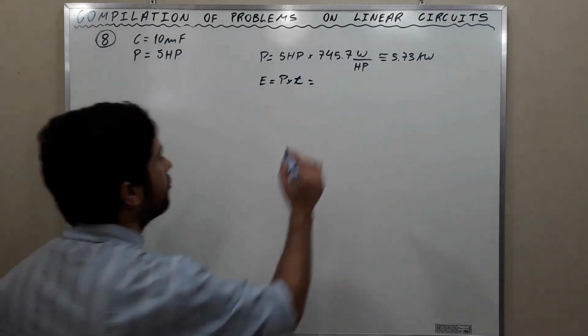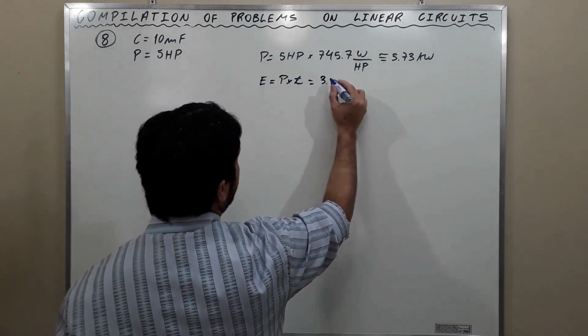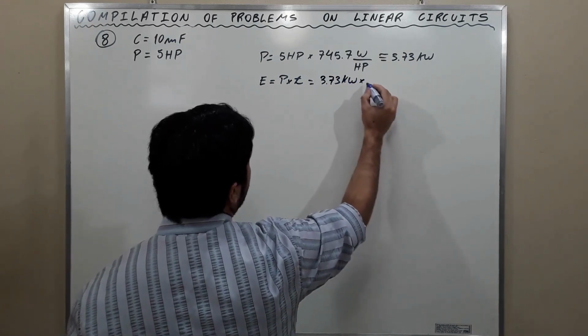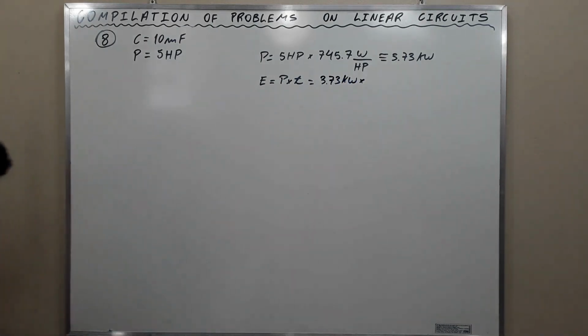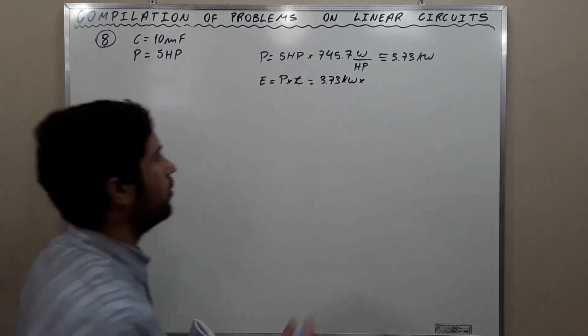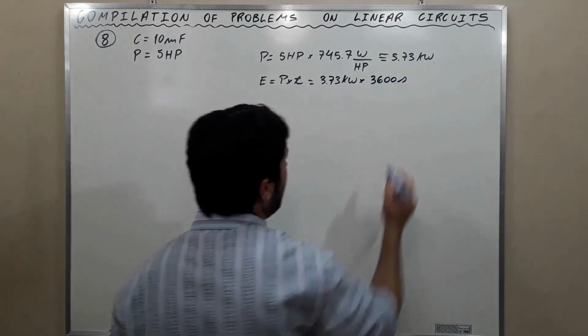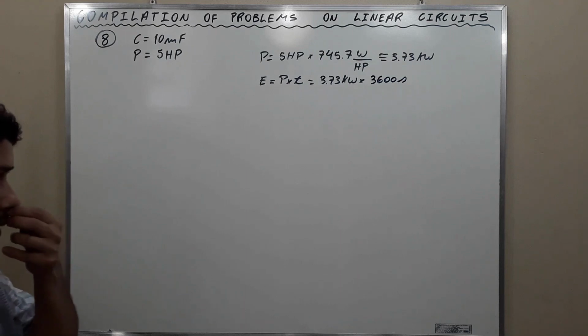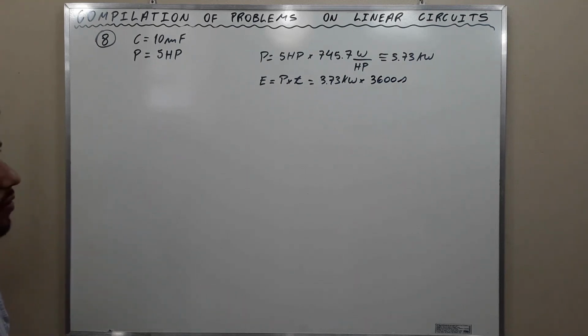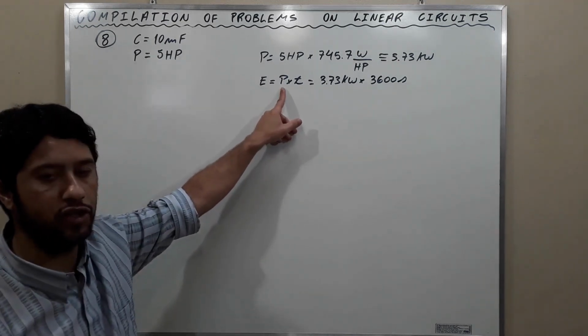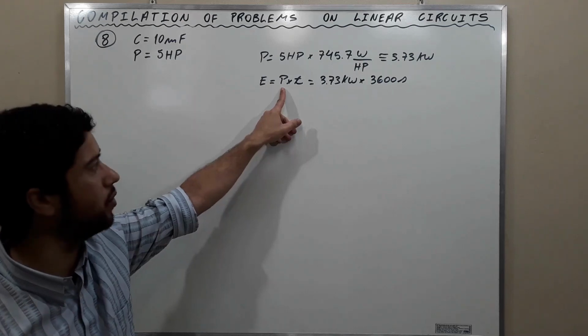The power is 3.73 kilowatts, and the time is 1 hour, equal to 3600 seconds. Okay, 3600 seconds. Why seconds? Because power is expressed in watts. Okay?